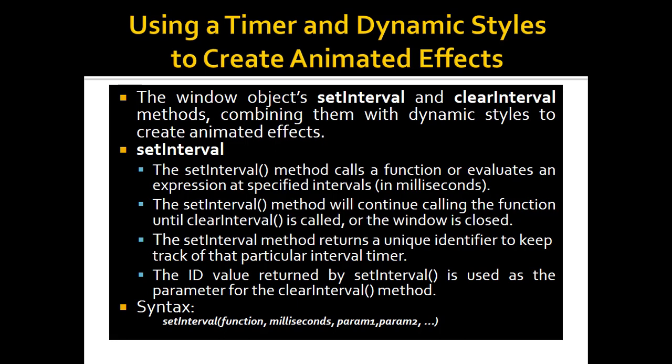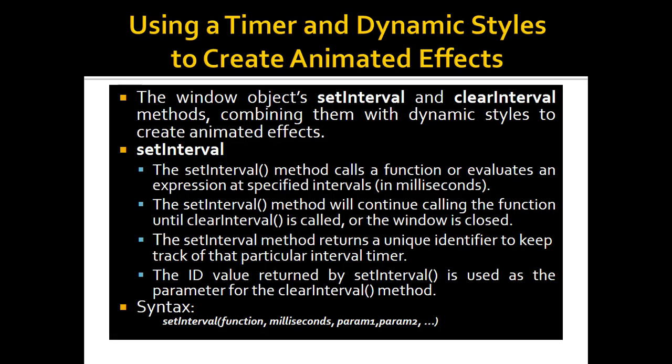The setInterval method will continue calling the function until clearInterval is called or the window is closed. The setInterval method returns a unique identifier to keep track of that interval timer. The ID value returned by setInterval is used as the parameter for the clearInterval method.